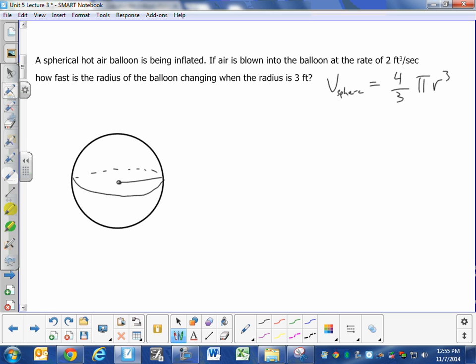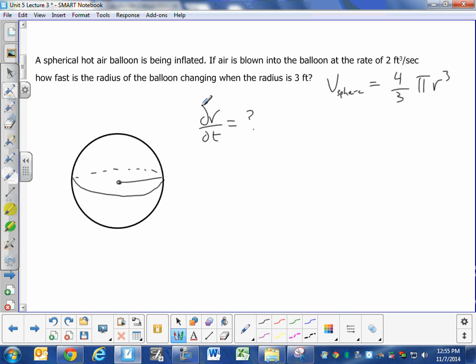All right. Mr. Davidson, what am I trying to find? Good. What other information am I given? It says air is blown into the balloon at a rate of 2 cubic feet per second.